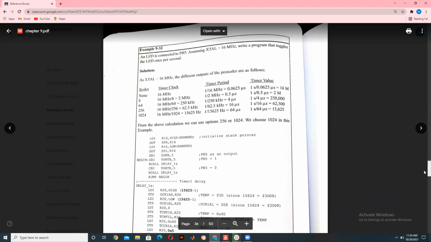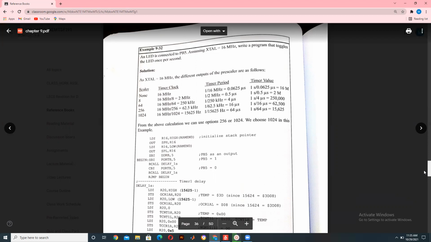From the above calculations, we have two options: either 256 or 1024, because both values are the minimum. These two values are the smallest ones. So we choose 1024 because it is the smallest one.